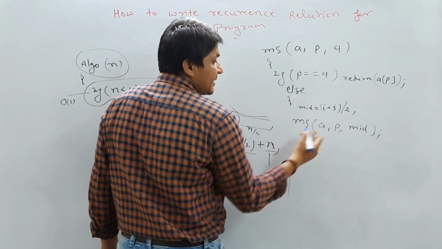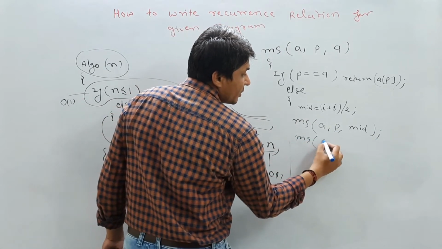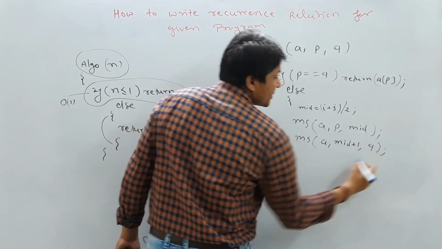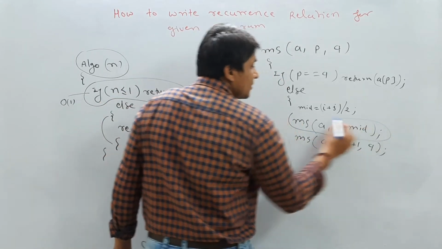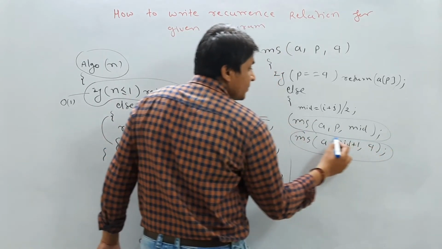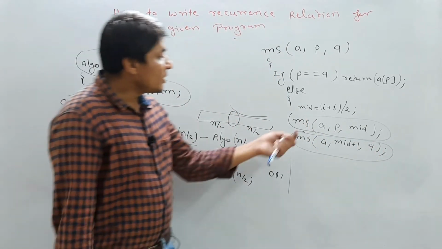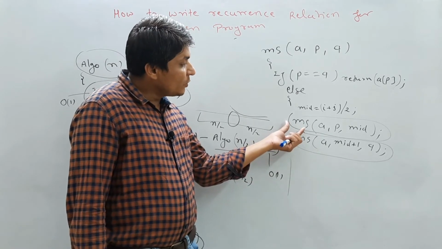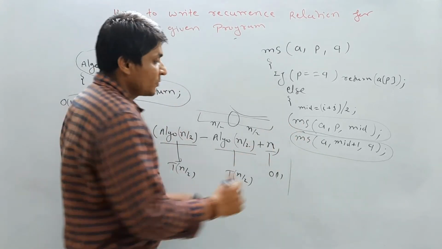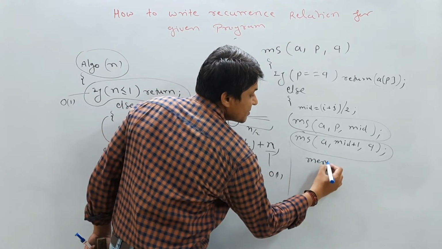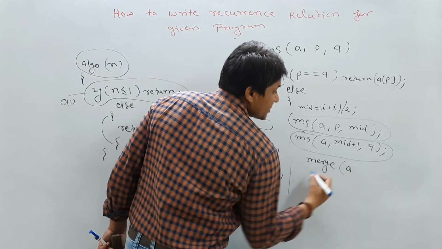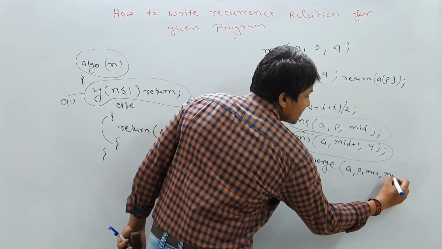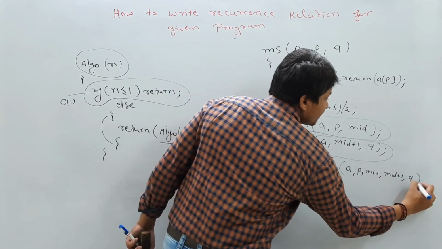Then you apply merge sort on the right hand side: A of mid plus 1 comma Q. Once you divide the problem into two parts, you are going to perform the merge procedure, which is A, P comma mid and mid plus 1 comma Q.